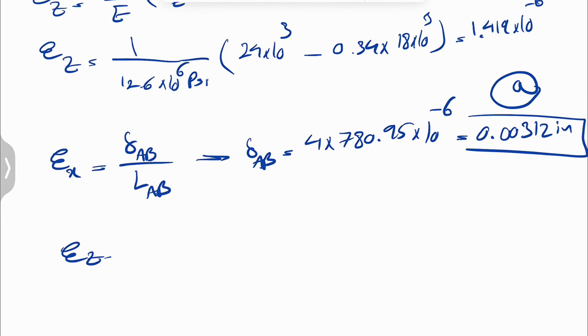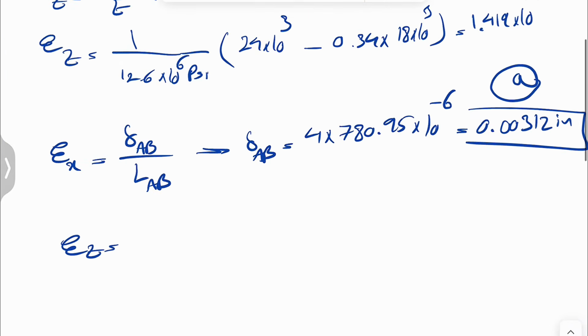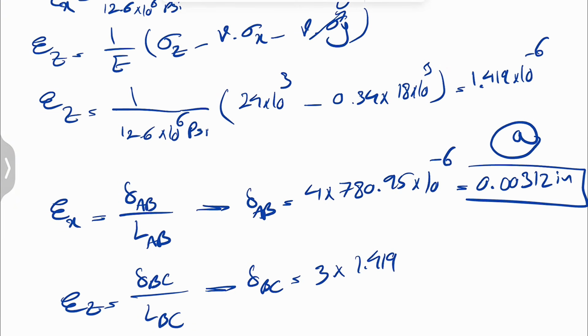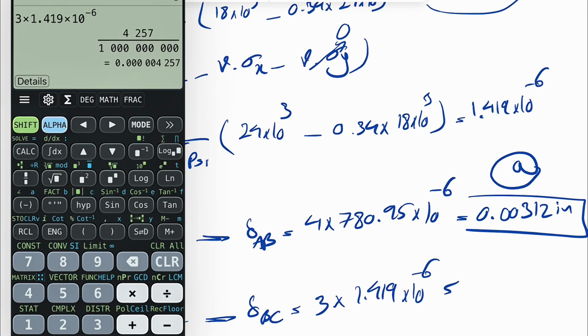For part B, we are looking for BC, which is delta BC over the length of BC. So delta BC would be that side, 3, times the strain, 1.419 times 10 to the minus 6. Let's see what this gives us. I think I made a mistake in this calculation.